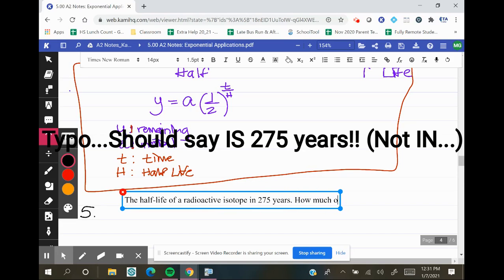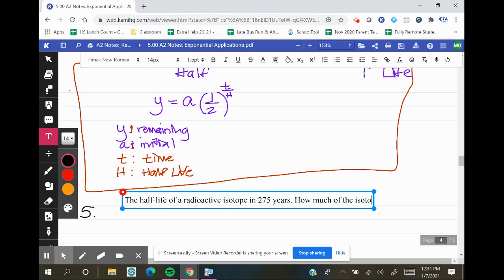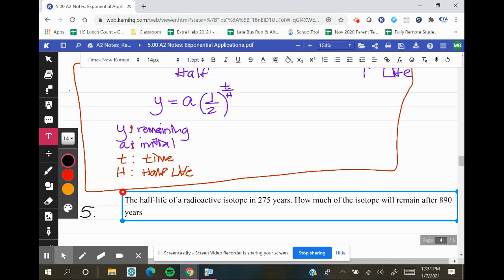How much of the isotope will remain after 890 years if the initial amount was 465 grams? Round to the nearest thousandth.